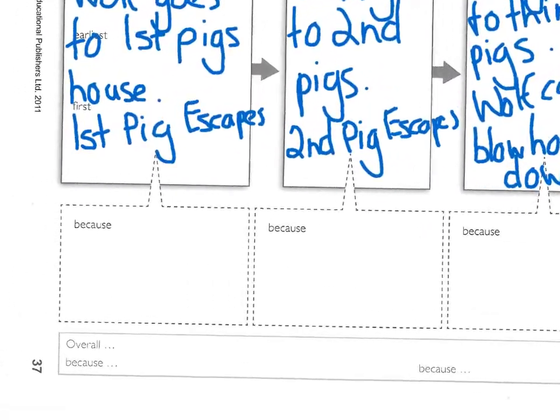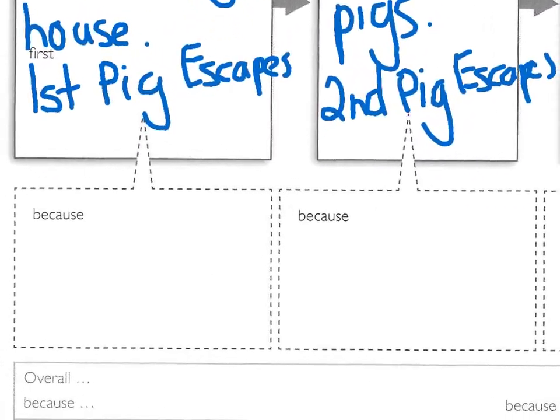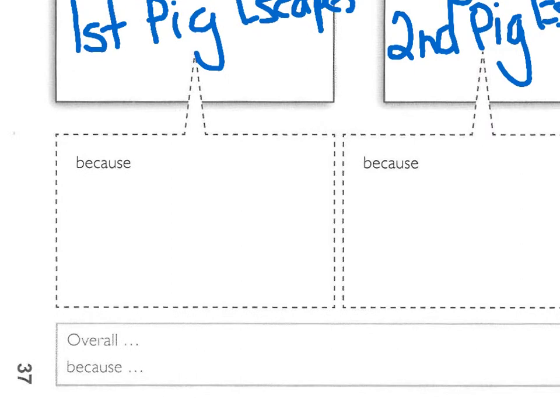My second part is I have to explain what's the first bit. So, if we look at this because bit, the reason that this is important is because, well, the pig going to the first house is important because, in terms of the overall story, and why is that an important part of the story, is this.